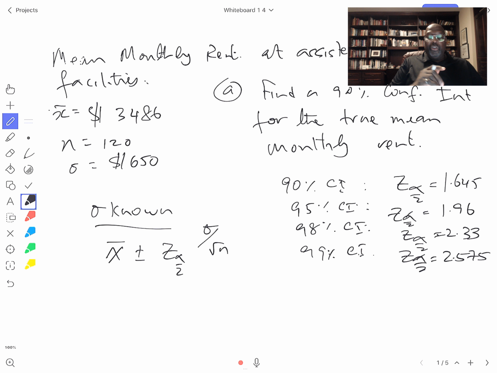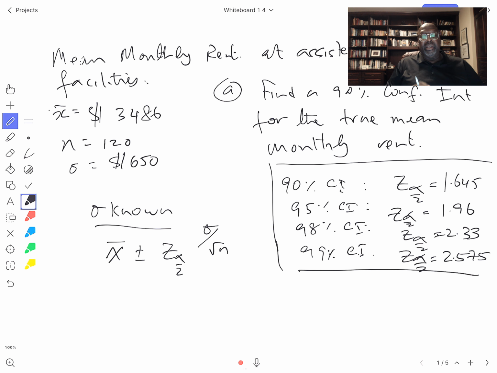Okay, so you need to just make a note of that somewhere and basically use it when you need to. Memorize it and use it.